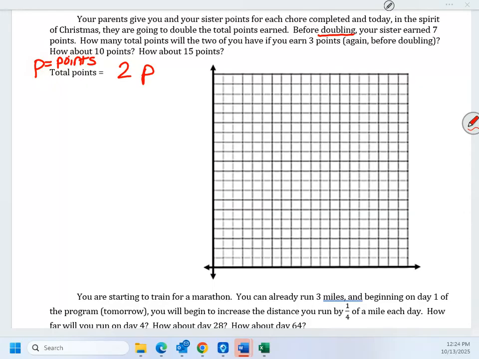What else do we know? Finley? How many points take 4? Which is what? 7. Yeah, because your sister earned 7 points before the doubling starts. So you already have 7 points in that bank. How am I going to show that in my expression? You've got 7 points, and then you earn 3, you earn 10, you earn 15.